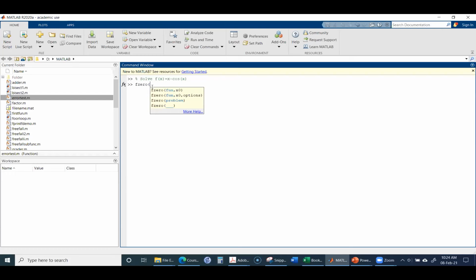and if you want to use this fzero, we first define the independent variable of this function. For this, we will use a syntax which is called the anonymous representation of the function.